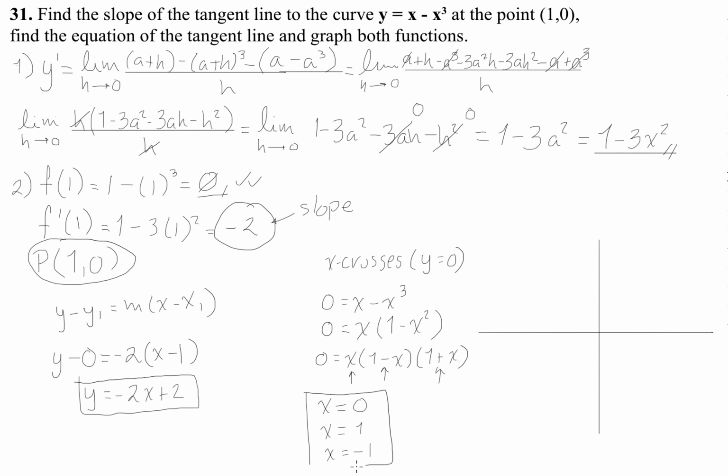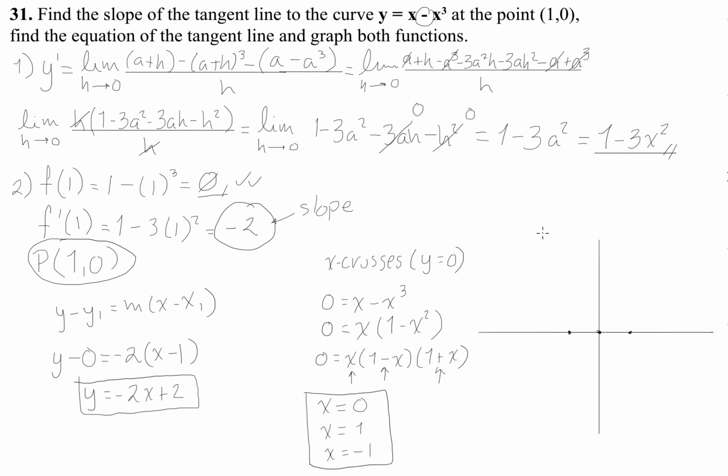Now, we know that our curve is crossing at the origin, at negative 1, and at positive 1. And since the leading term is negative, that means it would look like an inverted N. So let me try to draw this graph.